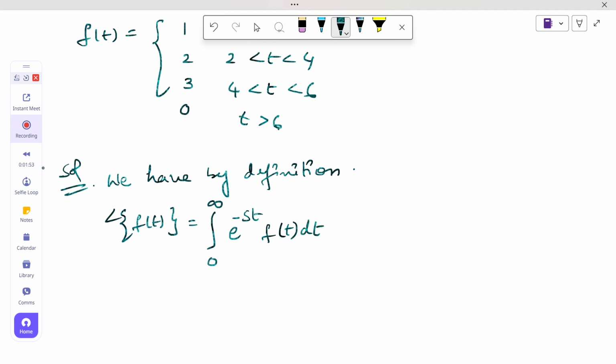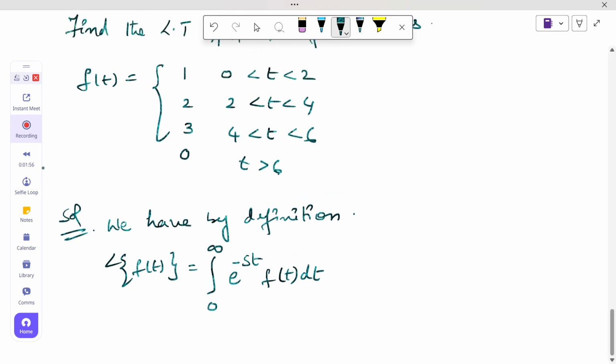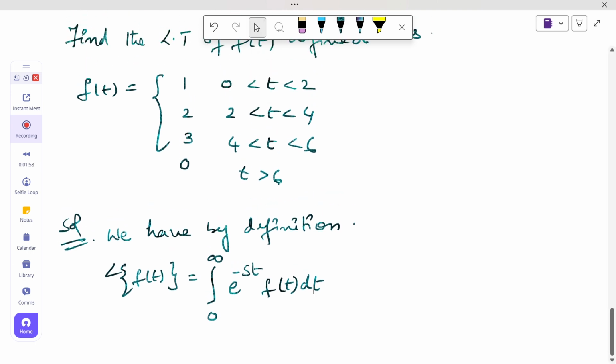This is our definition. But here they have given the function with different constant values in different intervals, from 0 to greater than 6.